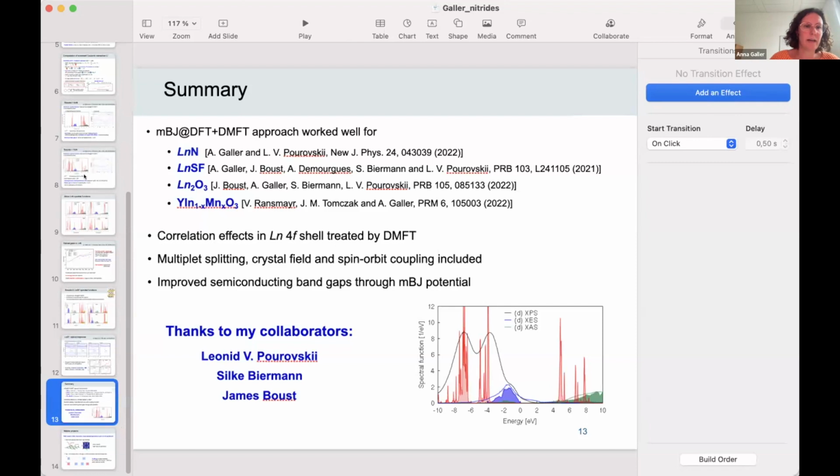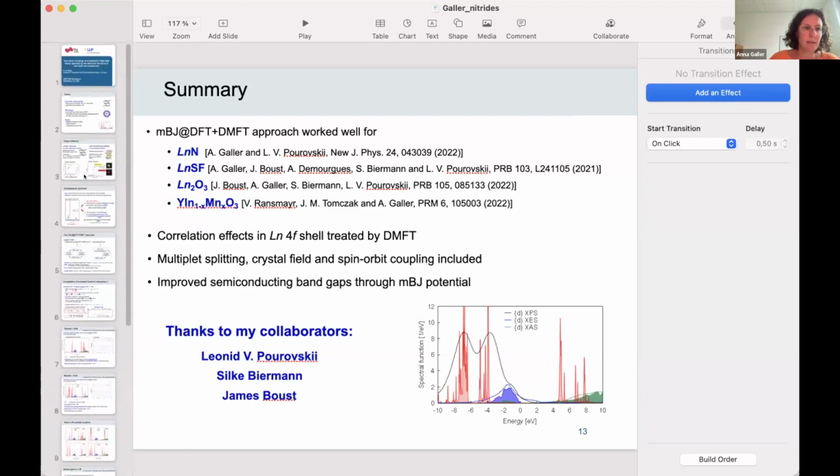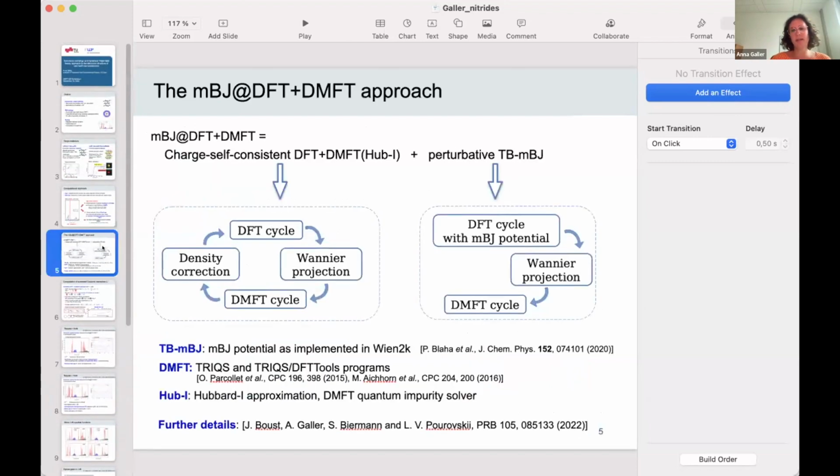You could do that, but actually it's worse. We also tried. The gaps you get are worse when you do it self-consistently. And also often you run into convergence problems.